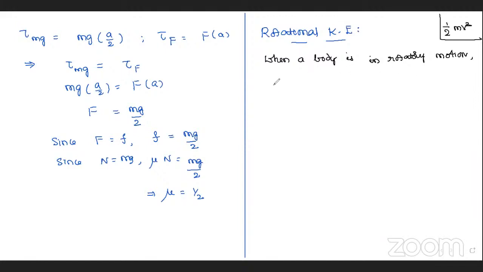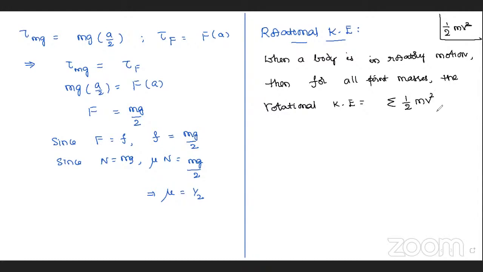Is in rotatory motion, then actually we have to write for all point masses, we write the rotational kinetic energy as the algebraic sum of all the things, that is half mv square.